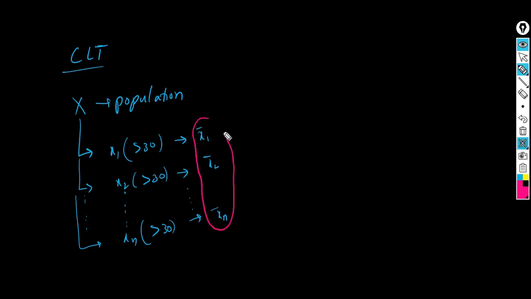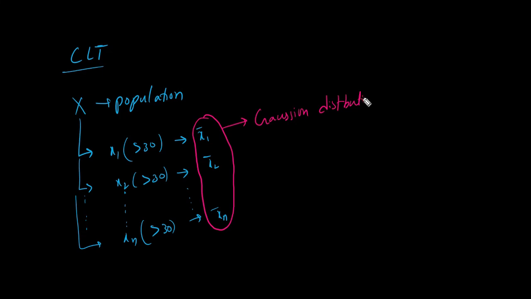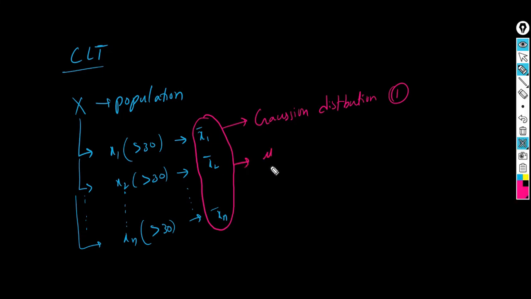The means that we get from the sample data are in a Gaussian distribution. This is the first thing we noted. And the second thing: here the mean we will get is mu, and the variance is sigma square by n.